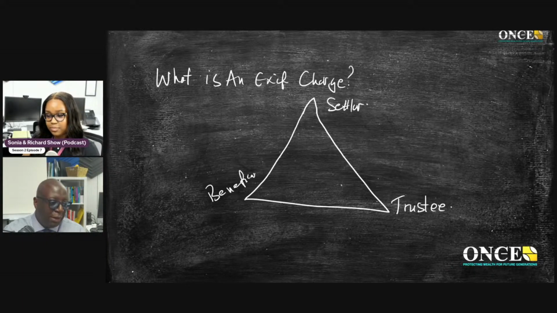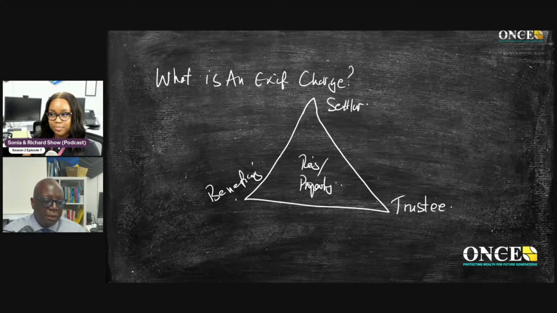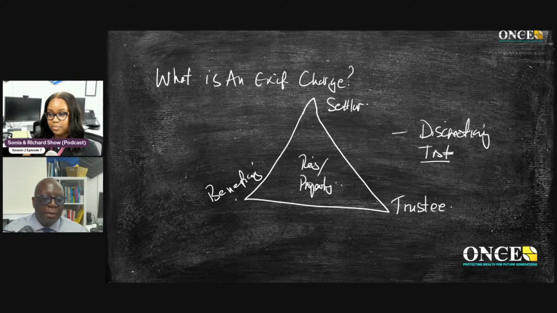And then we've got property in the trust itself. The trustee manages all of that on behalf of the beneficiary. There are different types of trusts. We are talking today about the most powerful type of trust, which is a discretionary trust.